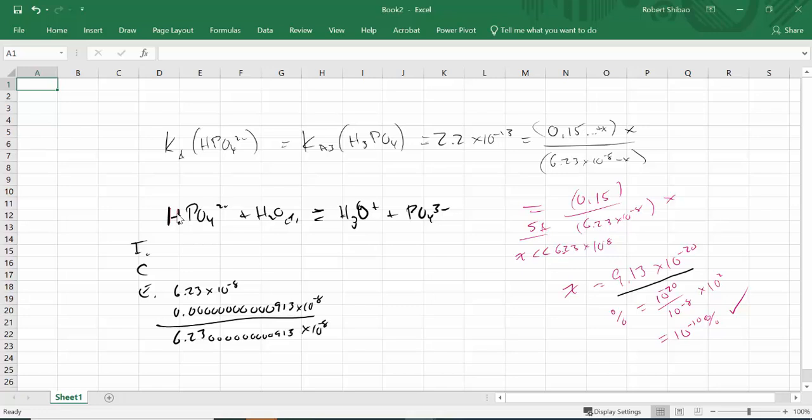So you can see we barely lost any of this. And then for the hydronium, I'm going to get 0.15. And how many zeros did I have up here? Oh, I don't have it. How many zeros did I have before 623?